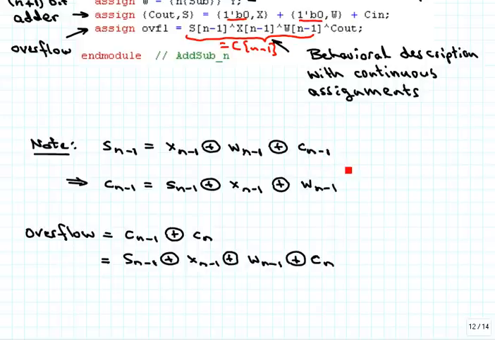We can XOR in c sub n minus 1 on both sides and also s sub n minus 1 on both sides, and then we obtain that C sub n minus 1 is equal to S sub n minus 1 XOR x sub n minus 1 XOR W sub n minus 1. So in this way we get the second most significant carry, or the second last carry, and then XORing this with the last carry just gives us this whole expression here. And that's the expression that we used to indicate whether overflow occurred or not.